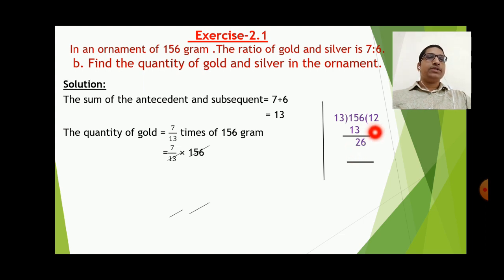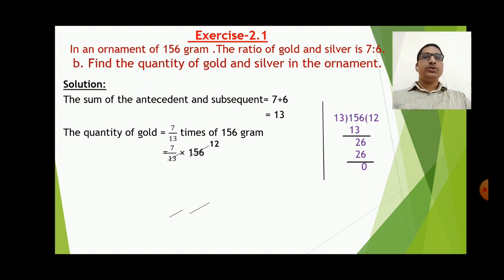So 13 multiplied by 2 is 26. If we subtract 26 from 26, then it will be 0. Okay, that means there is no remainder. So if we divide 156 by 13, then it will be 12.